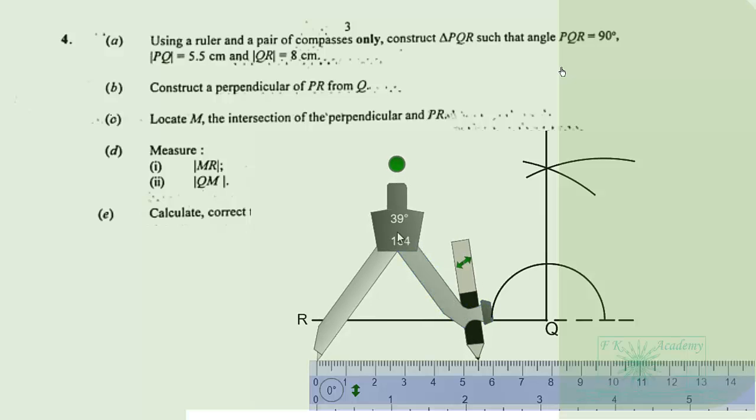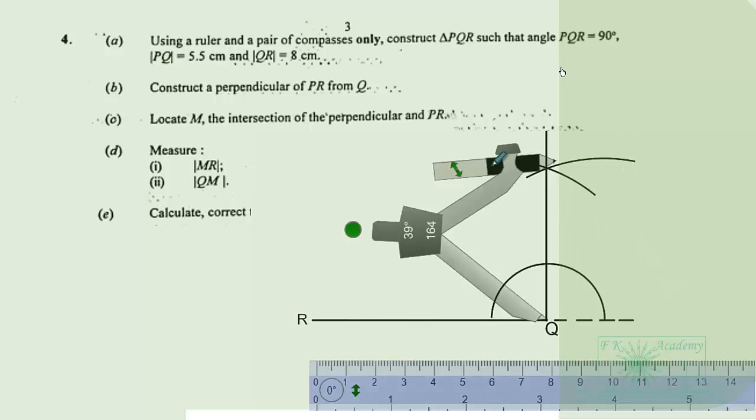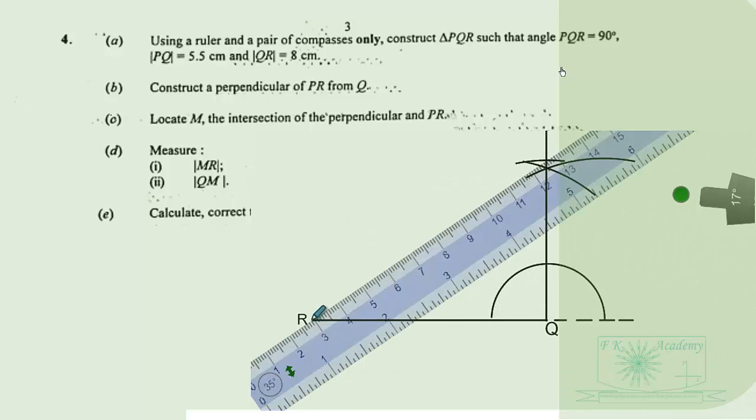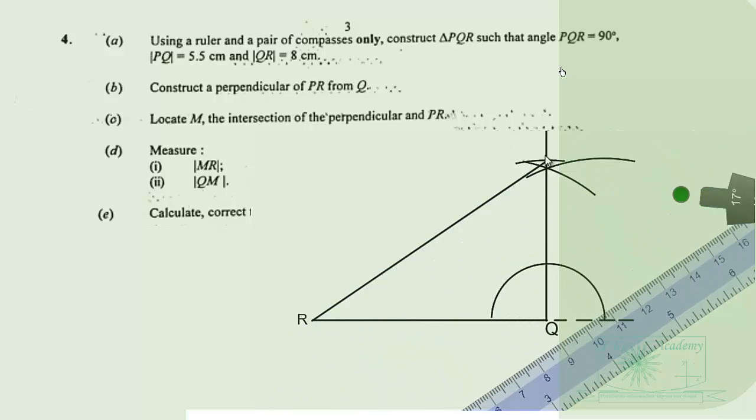Then we measure 5.5 on the ruler. With the compass, stand at Q and measure that, because PQ is supposed to be 5.5. Then you connect. So P will be at this point. So this is point P. Great.